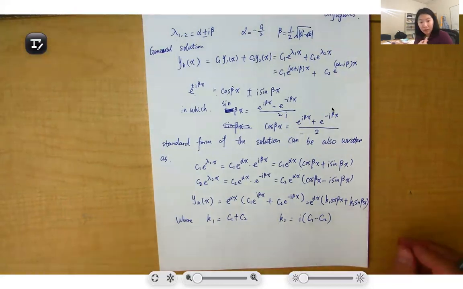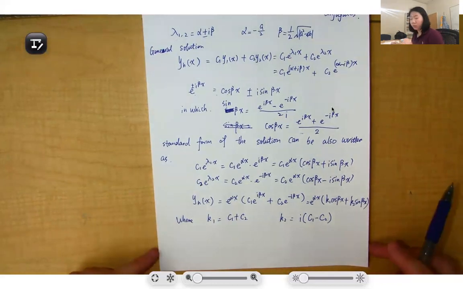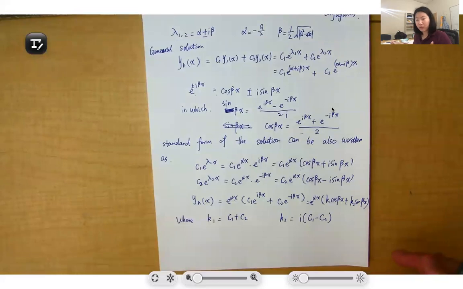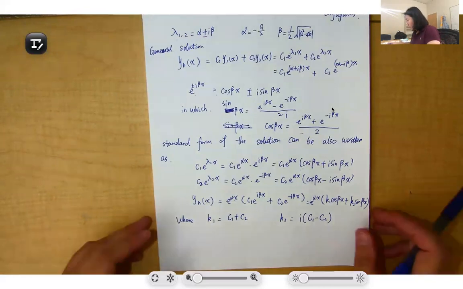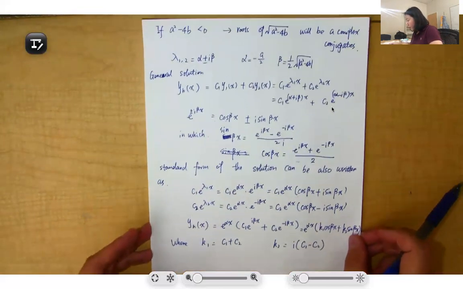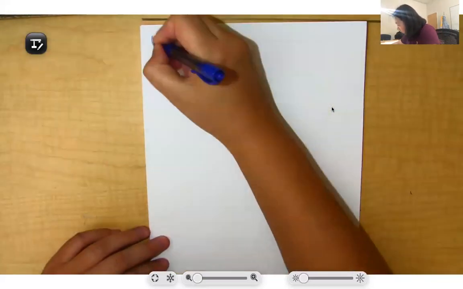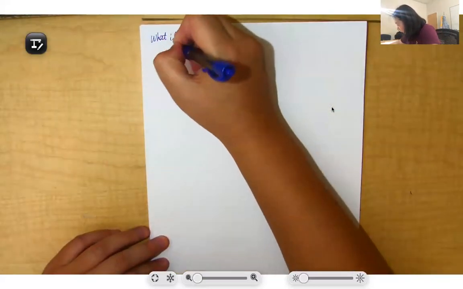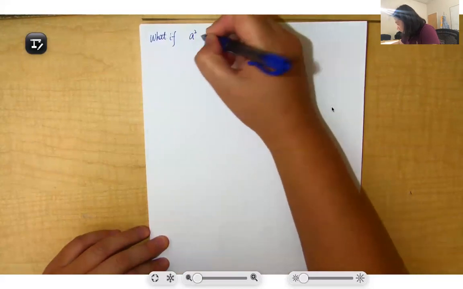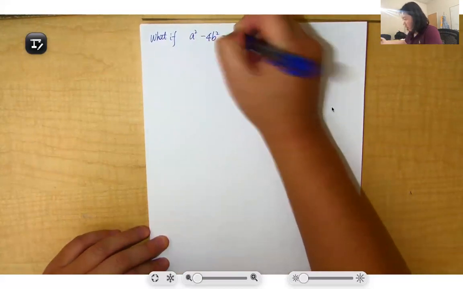There is a third scenario. Instead of two distinct real roots or two distinct complex conjugates, we can also have just one root, okay? What if A squared minus 4B equals 0?